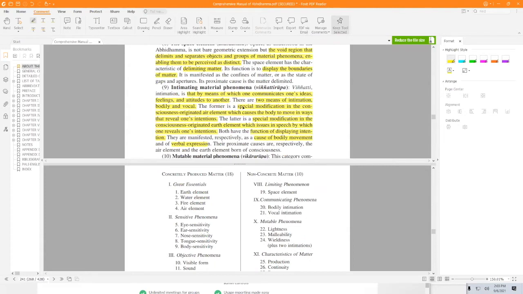So bodily intimation is said to be a special modification in the air element originated by consciousness, which causes the body to move in ways that reveal one's intentions.